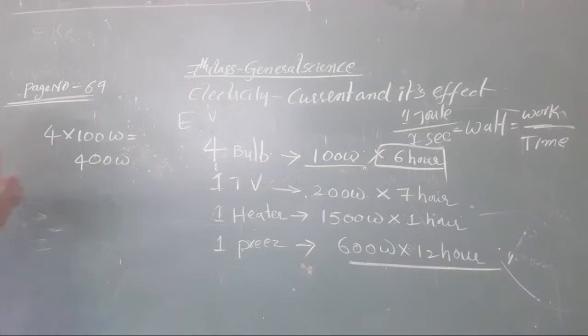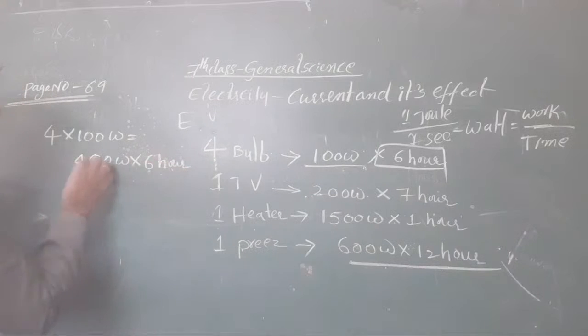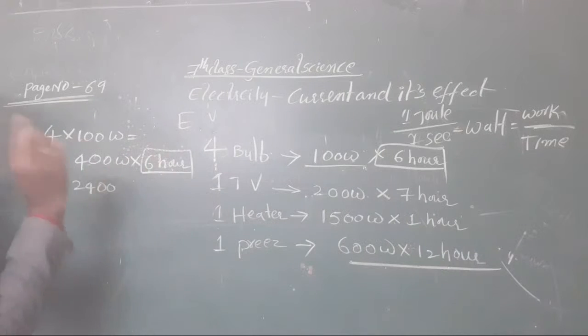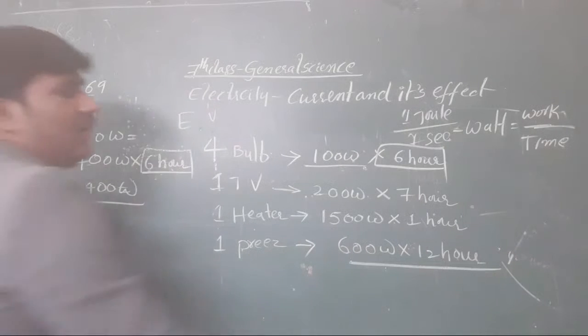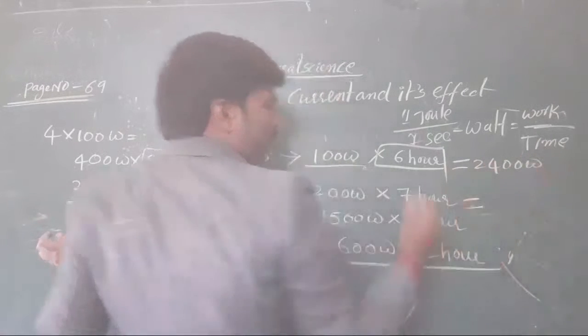For 400 watts working for 6 hours, 400 into 6 becomes 2400. Clear or not, all of you? 2400 watts are consumed for bulbs.